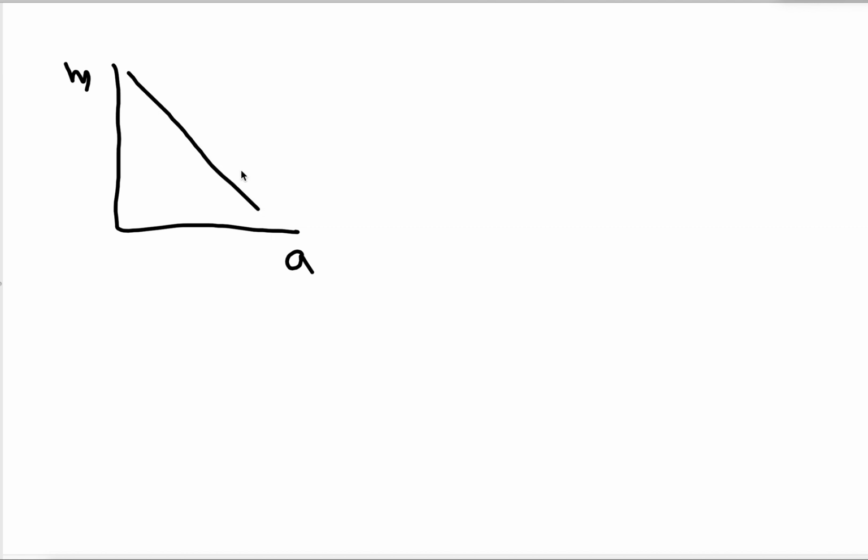Yep, it would be. So in this scenario, if I have a big mass, I'll have a little acceleration. And if I have a little mass, I'll have a big acceleration. That's what inversely proportional means. So the larger the mass, the smaller the acceleration. The smaller the mass, the bigger the acceleration. And once again, we're assuming that we're pushing the object with the same force.